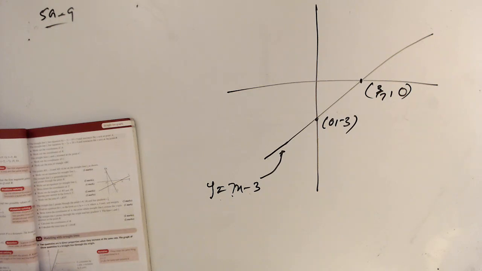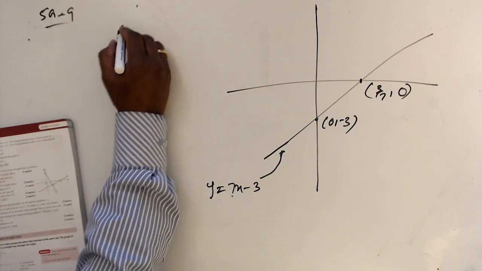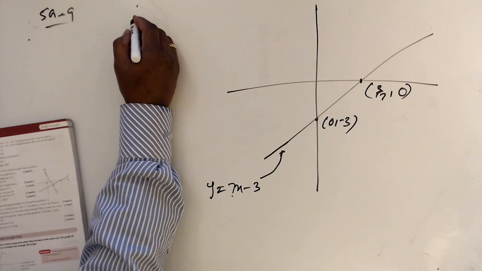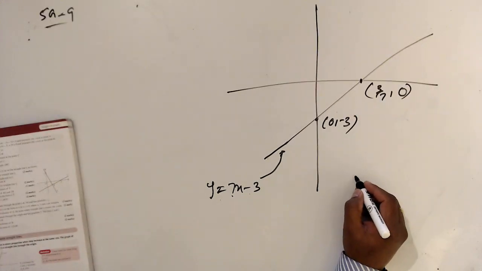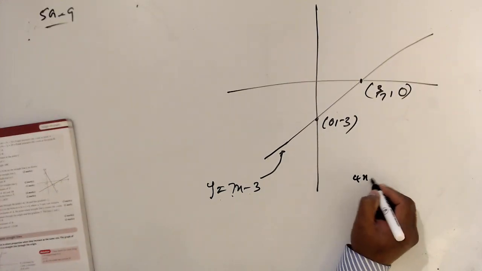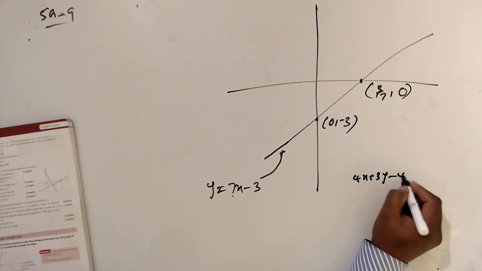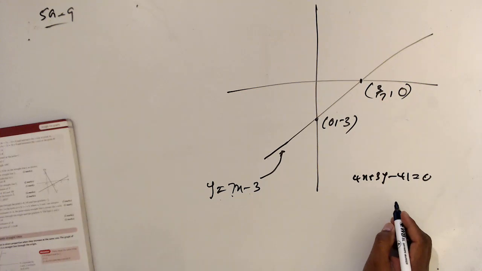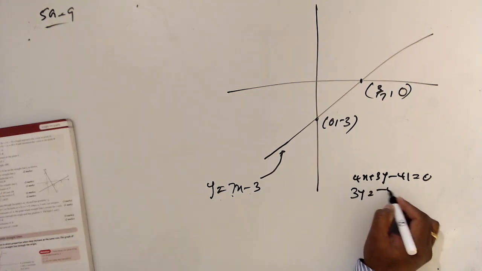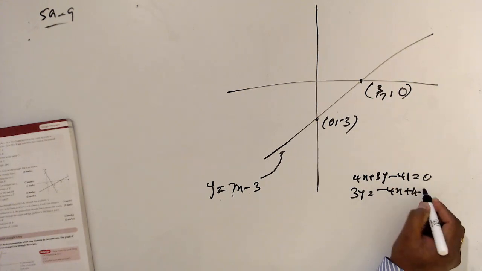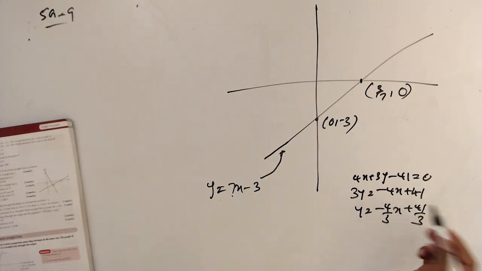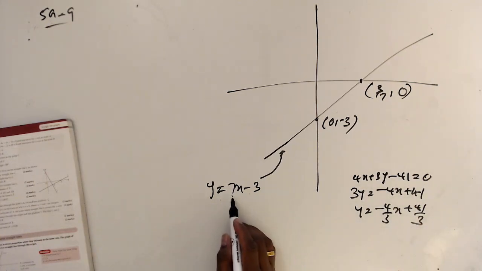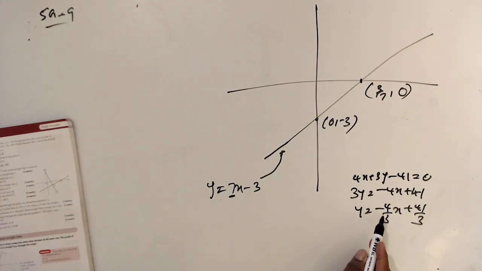And L2 is this one. 4x plus 3y minus 41 equals 0. It means 3y equals minus 4x plus 41. y equals minus 4 over 3 x plus 41 over 3. I divide by 3. And this has a negative gradient.